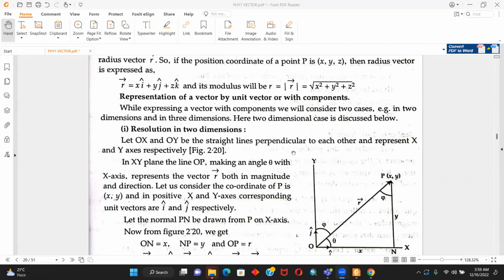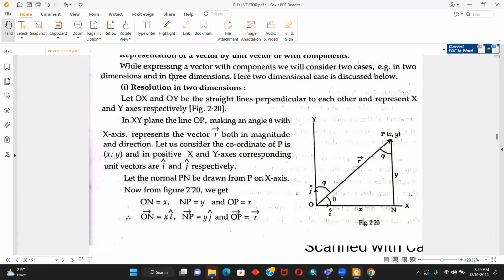So in that case, you have the x coordinate and you have the y coordinate. That means you will have xi hat and yj hat. So you don't have to consider the z-axis and neither do you have to consider the k hat. Other than that, everything will remain the same.